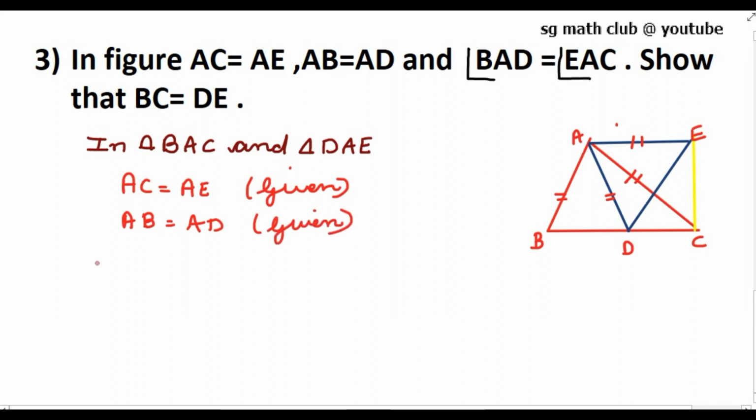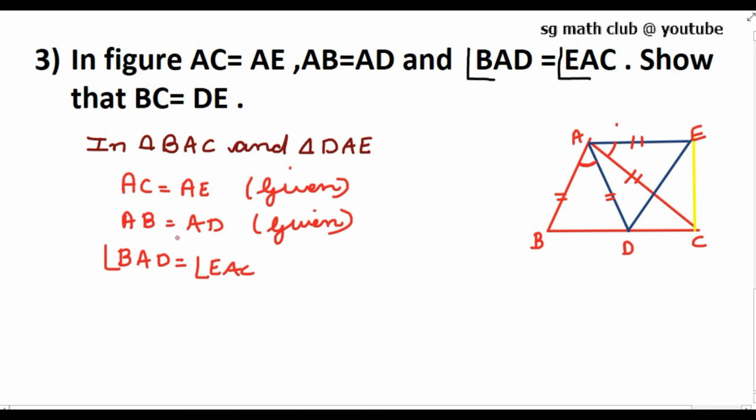We need one more parameter. Here they have already given angle BAD equal to angle EAC. But if it is angle BAC equal to angle EAD, then easily we could have written SAS congruence rule. But from this triangle only this part is equal. So we can see that this angle DAC is common for both.